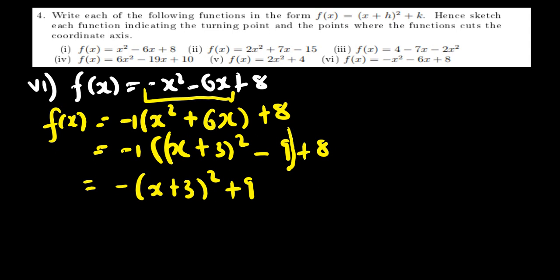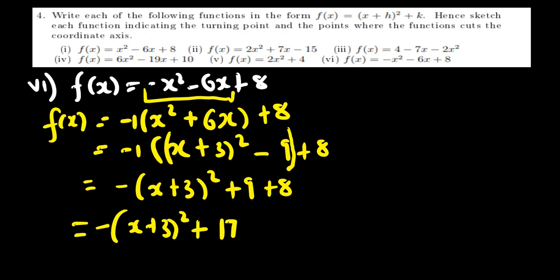Then you bring out the 8, plus 8. So you have negative x plus 3 squared, 9 plus 8, that is just 17.